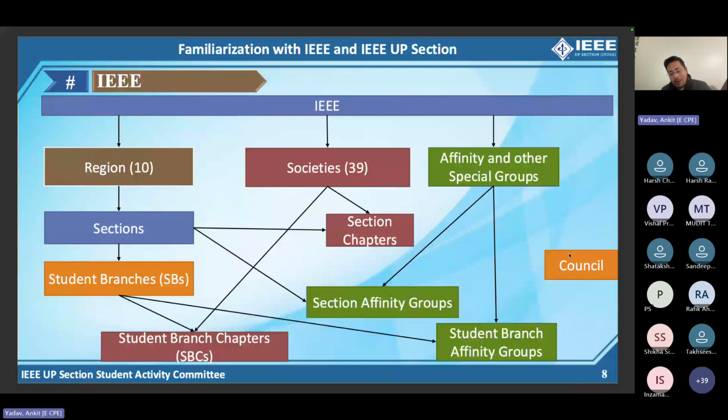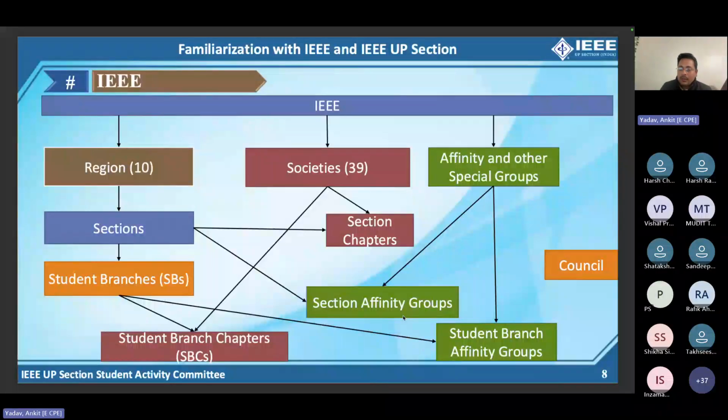So there could be one power system chapter, one computer science chapter, or one industrial application chapter, and they can decide to become a part of a joint council. They can act as a single unit. Like in India, we have the India Council. So the India Council is basically an aggregation of all the sections in the Indian boundary. So that's what the council is.